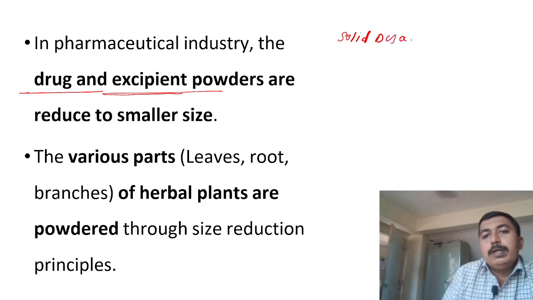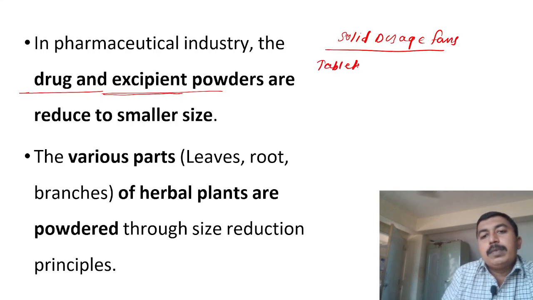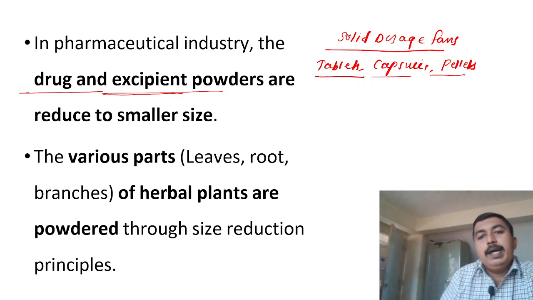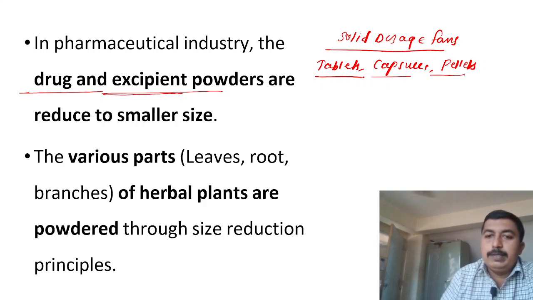So drug as well as excipients are utilized especially for solid dosage forms. What are examples of solid dosage forms? For example, conventional tablets, then capsules, then pellets. These dosage forms require powder as a raw material, powder drug as well as powder excipients.